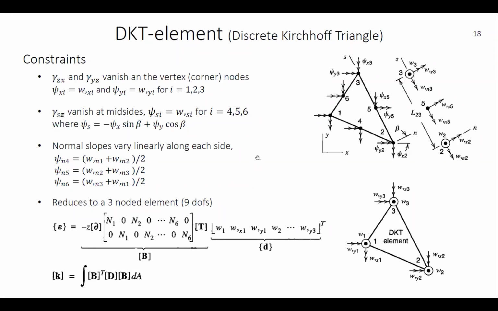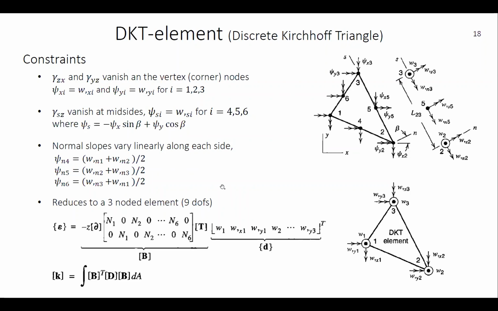And similarly, the shear strains also vanish at the mid sides. So the corner nodes 1, 2, 3, and the mid sides 4, 5, and 6. And then the normal slopes vary linearly along each side as described here.